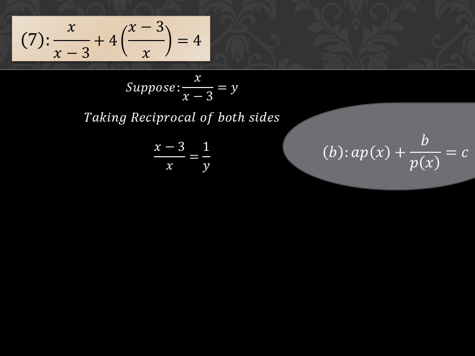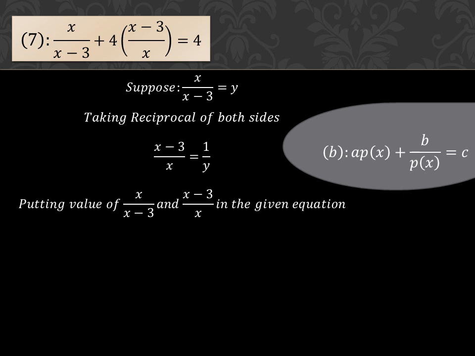So we can replace all the x's now. Putting the values of x over x minus 3 and x minus 3 over x in the given equation, this first fraction will get replaced by y and this second fraction will get replaced by 1 over y. Now we have to open the brackets. We get y plus 4 by y equals 4.